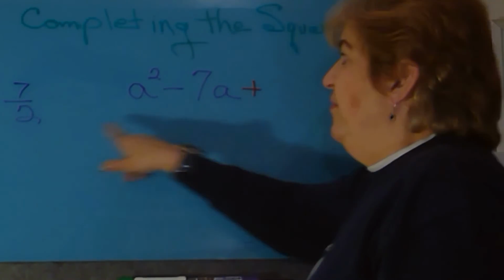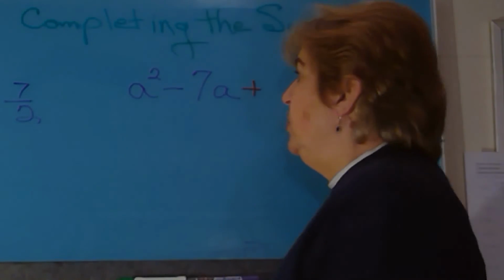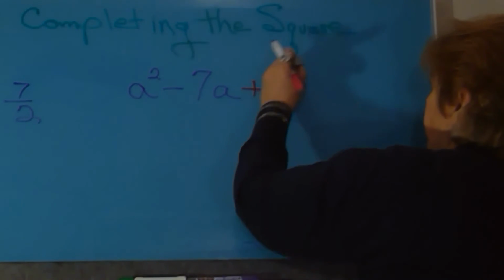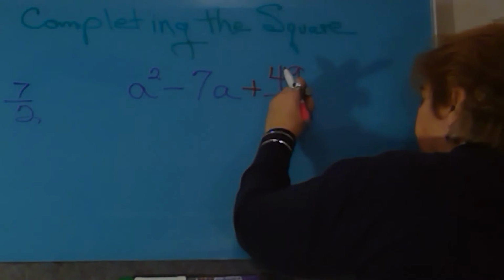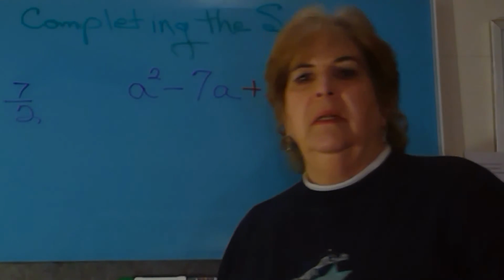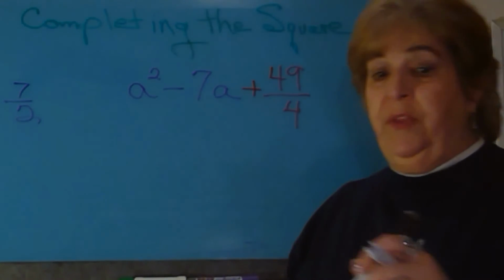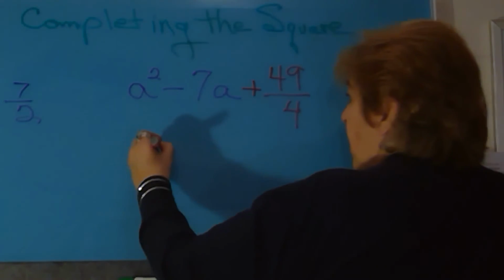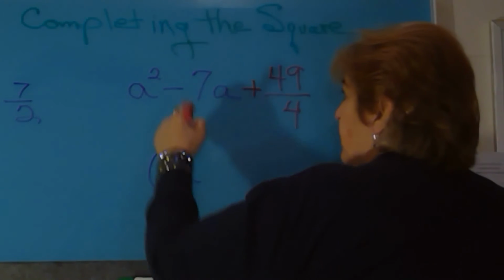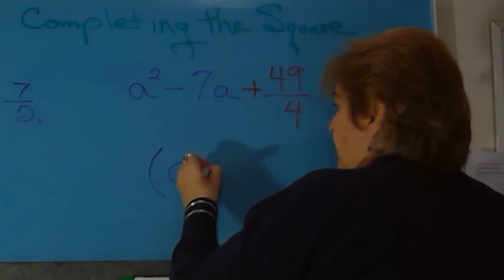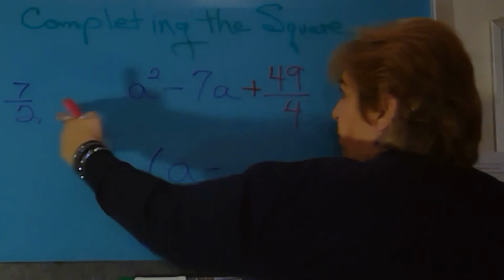I already told you half of that is 7/2. What do you get when you square it? You get 49/4. What does this become? You already know what this becomes. It becomes a, bring down the sign, minus, and what did you have before you squared it?